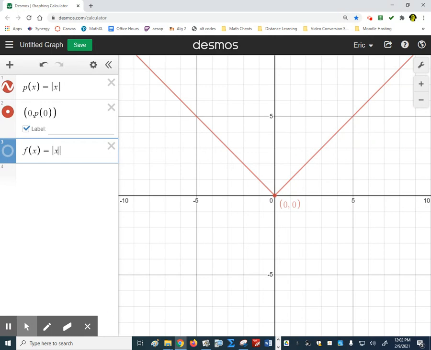Okay, and I'm going to do the absolute value of x plus 7. Okay, you guys type in chat. What's that going to do to my red parent graph? Got to hear from everybody on this one.